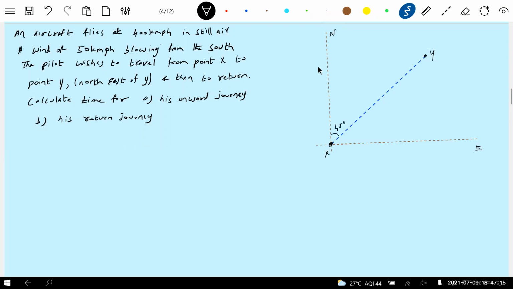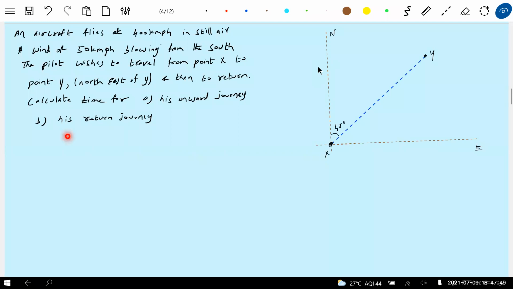Okay, this is our source, and this is the destination. The pilot moves from X to Y. His onward journey means from X to Y. His return journey means from Y to X. This much we have, and the distance XY is how much? In still air, with a wind of 50 km blowing from the south, the pilot will travel from point X to point Y. It's 1,000 kilometer.